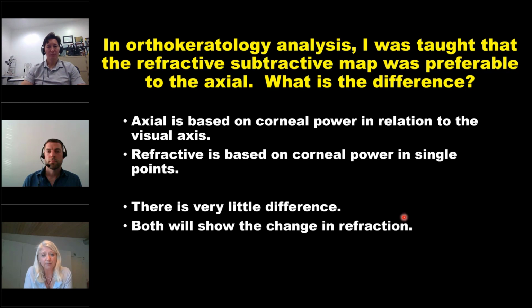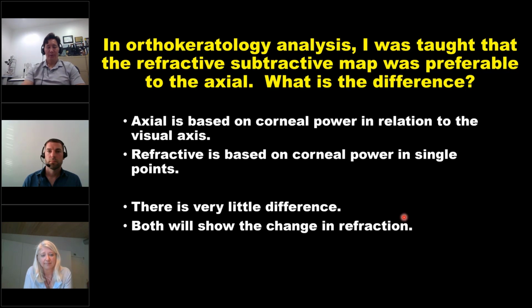If we look at the differences, the axial might overestimate the treatment zone a tiny little bit, where the refractive map shows the real or more ideal treatment zone. But again, it's very, very little difference. Personally, I always use the axial map for power evaluation.